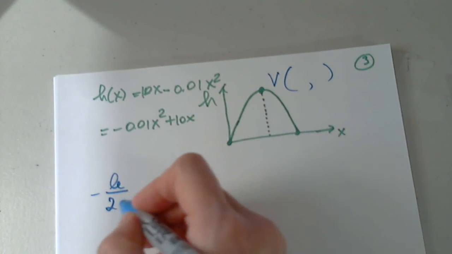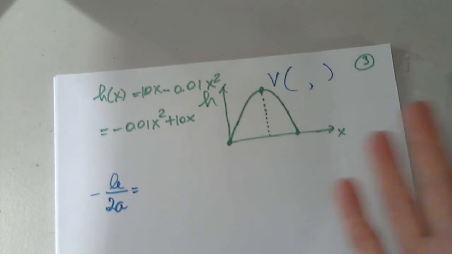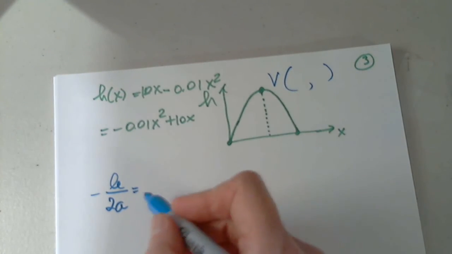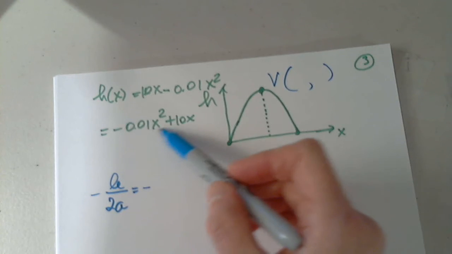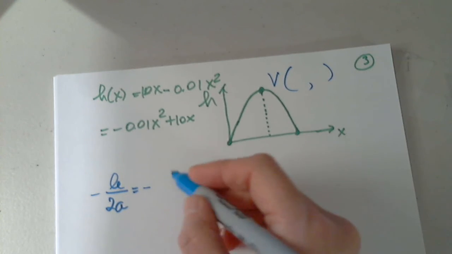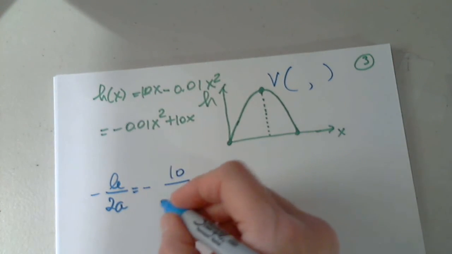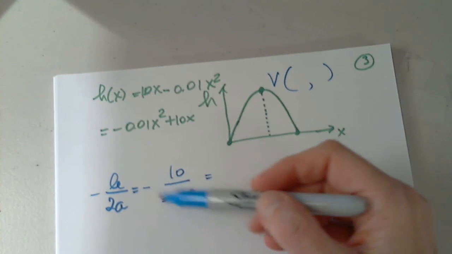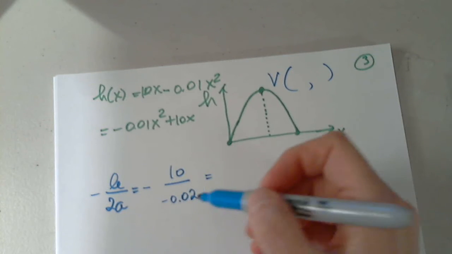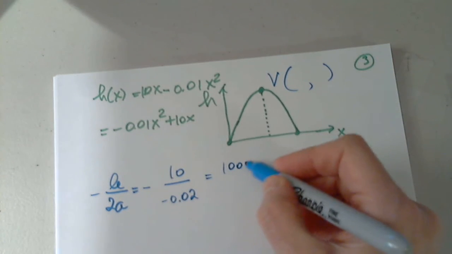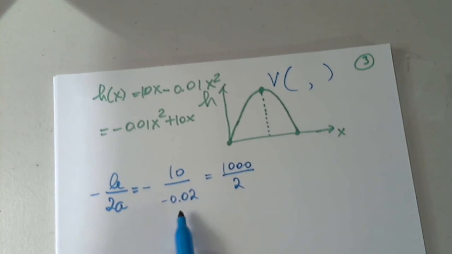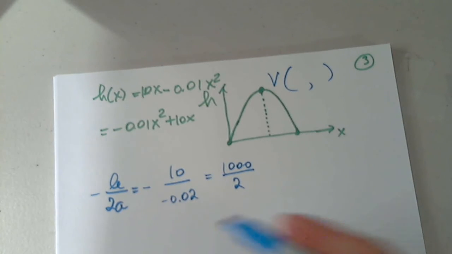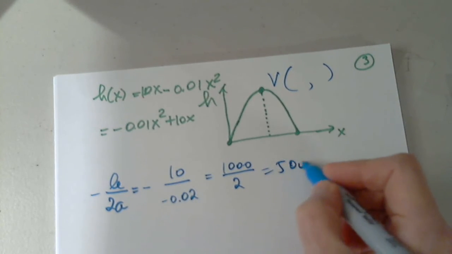So you have to remember the coordinates. You have open notes, open book, but I think by now we should remember that the x-coordinate of the vertex is negative b over 2a. Carefully, descending order, 10 divided by 2 times a, negative 0.02. It has to be a positive number, and it will be. And I multiply top and bottom by 100 because I don't want decimal numbers in a fraction, and now it's easier to identify that this is 500.